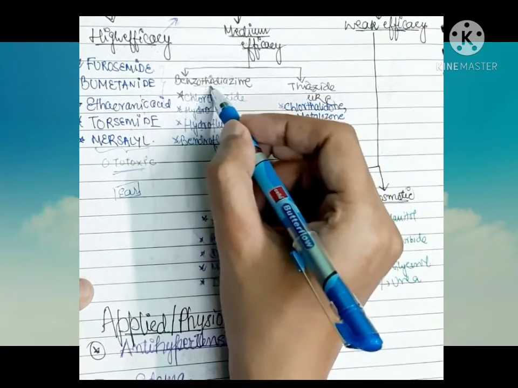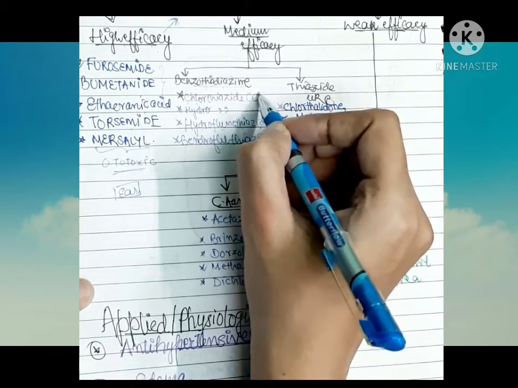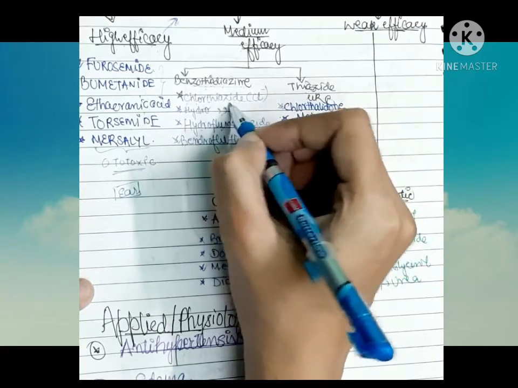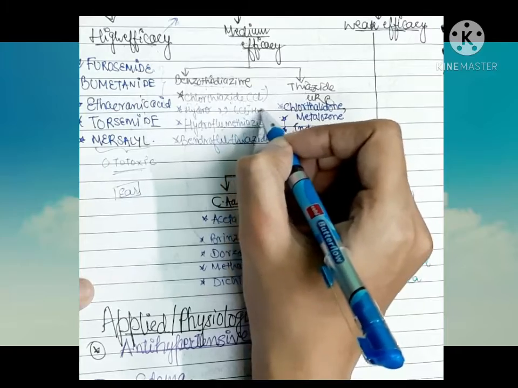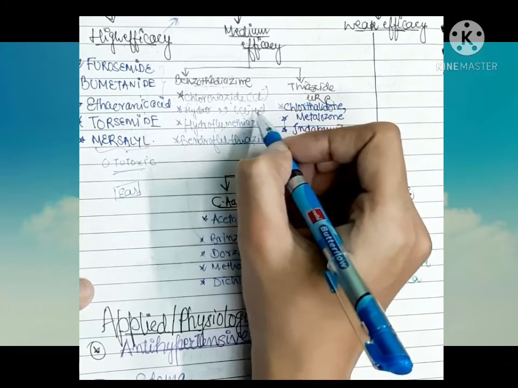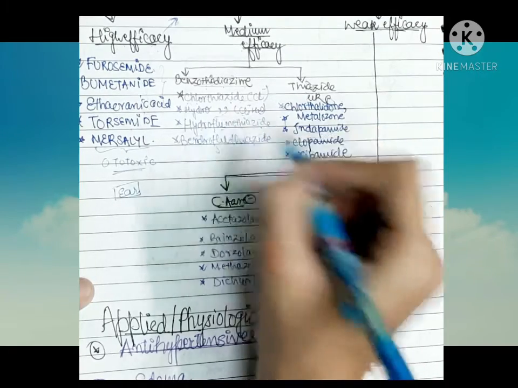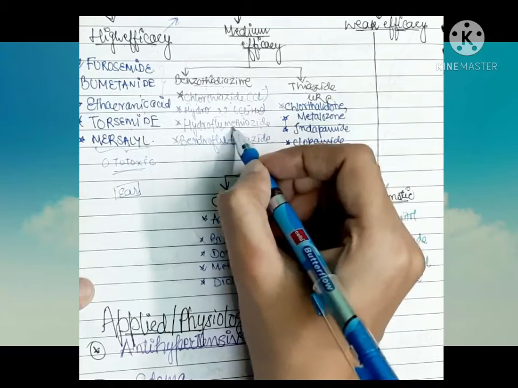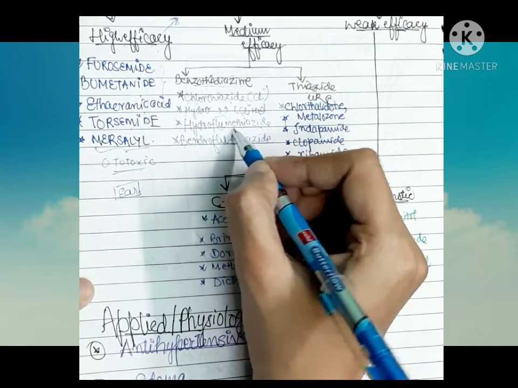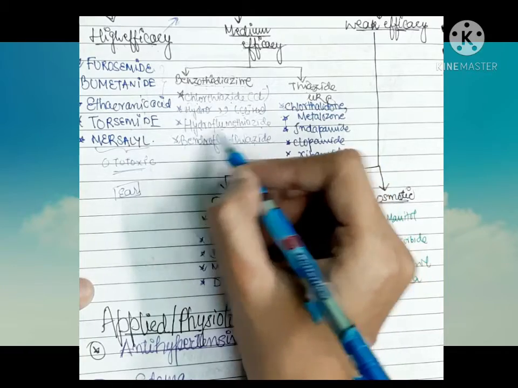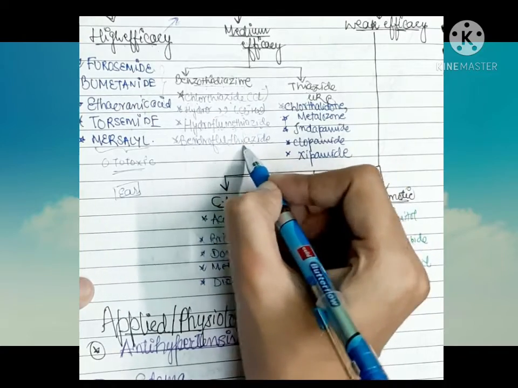Chlorothiazide has the prefix chloro, which means chlorine. Then we add chlorine plus water, hydro meaning pertaining to water, giving hydrochlorothiazide. Then hydroflumethiazide: hydro means water, flu suggests fluorine, and met suggests methyl. So there are three groups inside this drug.